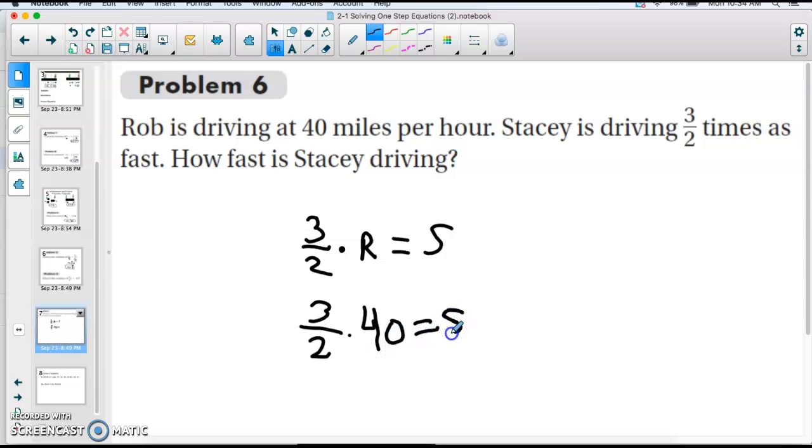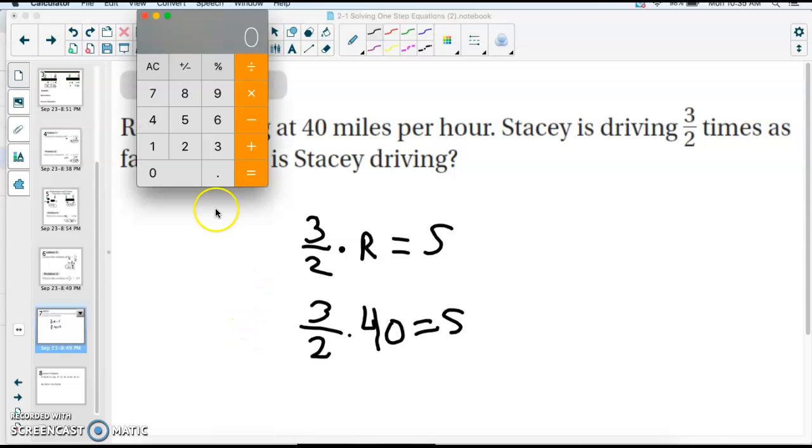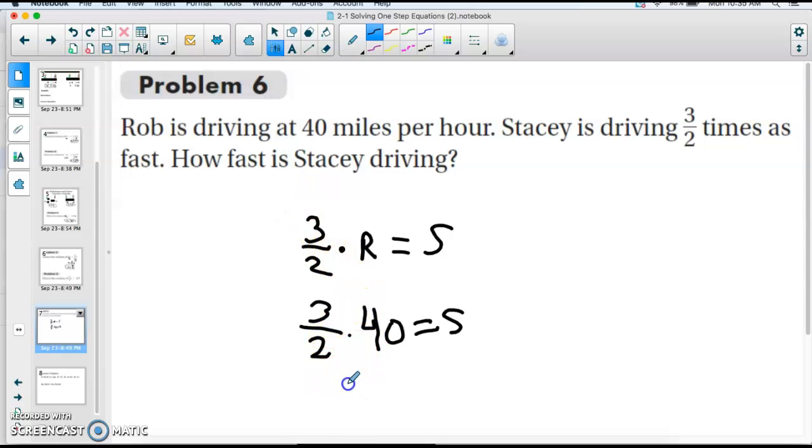And that's going to get us Stacy's speed. So 3/2 times 40. Let me pull up the calculator here. 3 divided by 2, which is 1.5, times 40. That gets us 60 miles per hour. So Stacy is going 60 miles per hour.